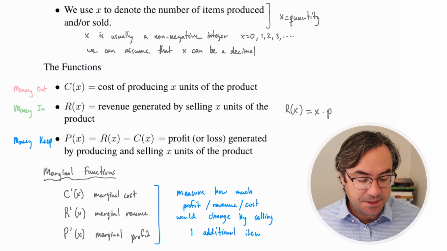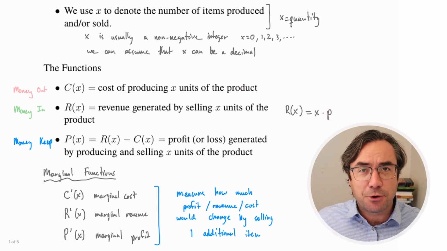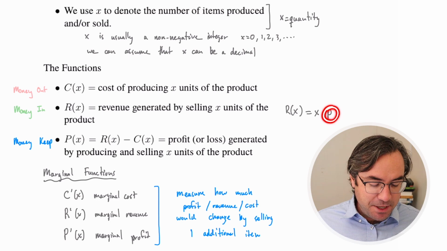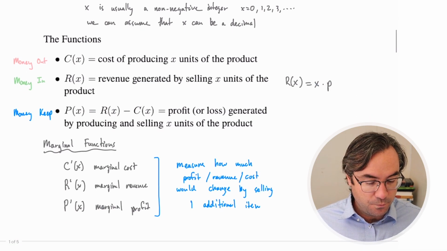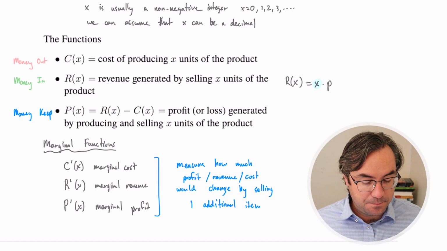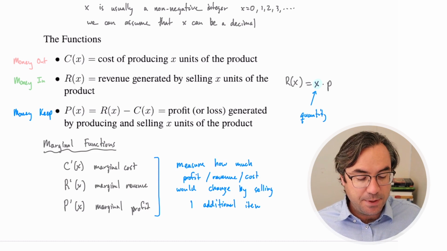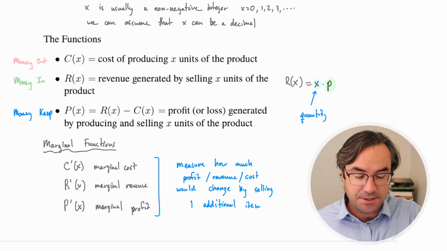And this is little p, not capital P. Capital P is for profit. This is little p for price. So we've got our quantity, X, and little p here represents price.